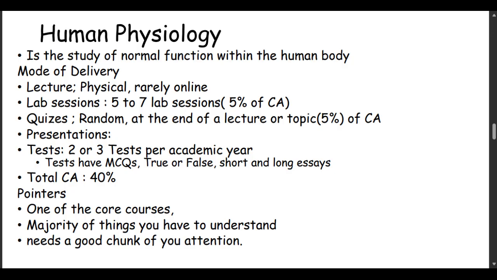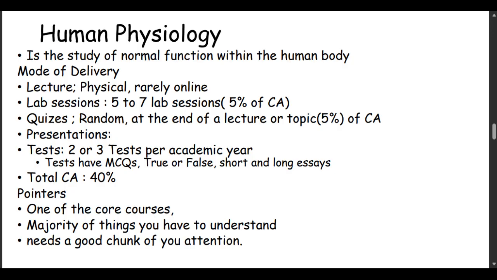The mode of delivery for this course is mainly physical lectures and rarely online lectures, same as anatomy. You'll also have lab sessions here in physiology, 5 to 7 lab sessions, which comprise about 5% of your CA.